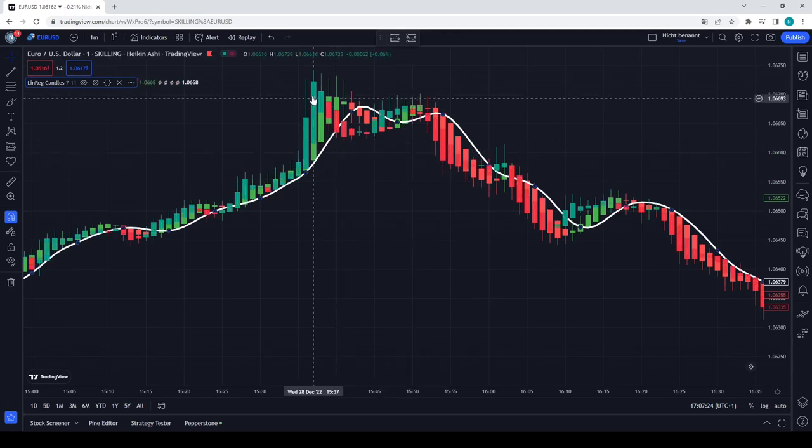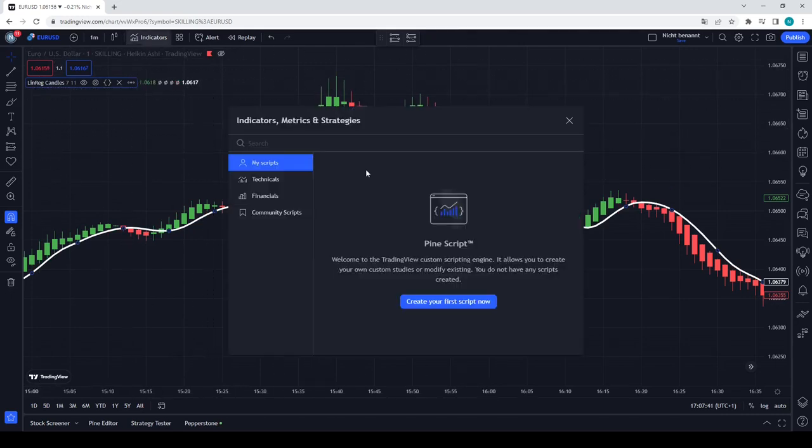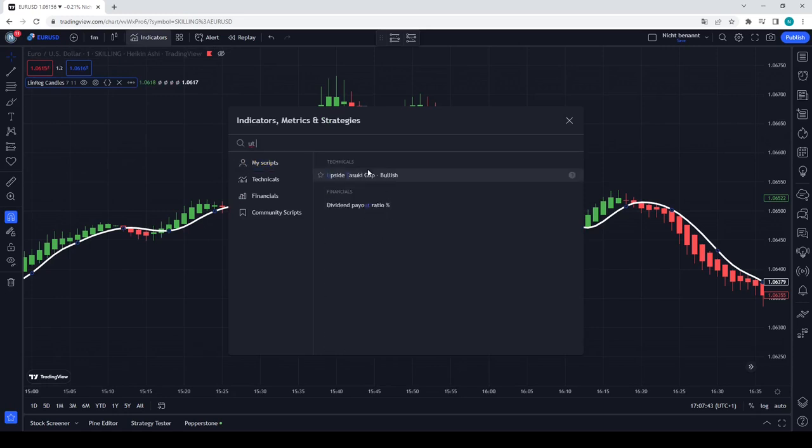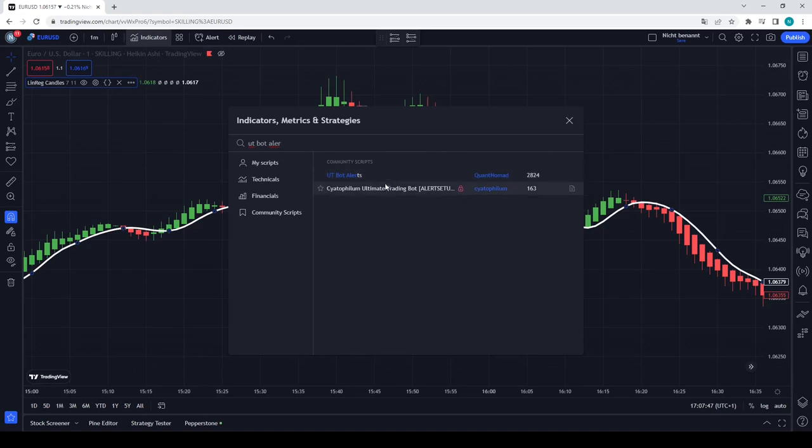As you can see now, we have two candles over each other. So what we want to do now is hide the normal bar or the normal chart, so that only the linear regression candles are visible. The second indicator we want to add is the UT Bot Alerts, the one from Quant Nomad.